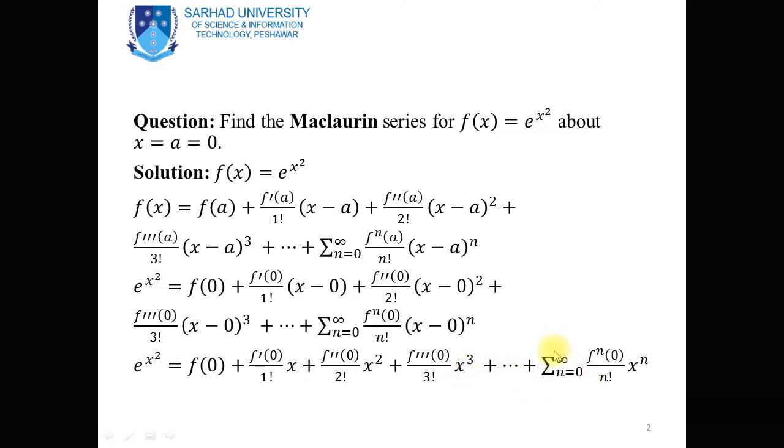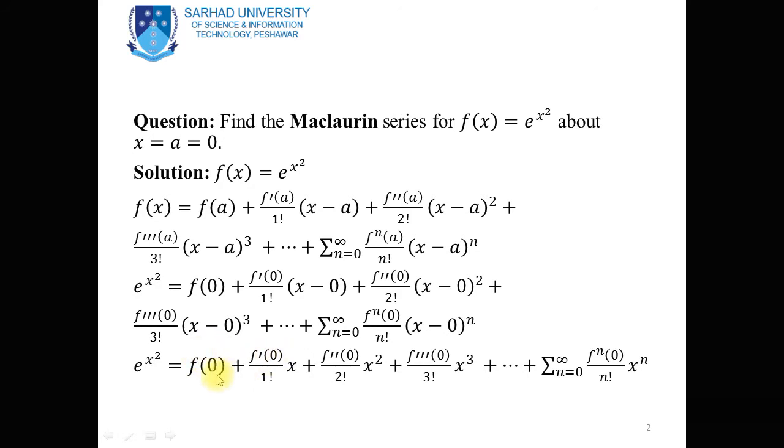Sigma n is equal to 0 up to infinity, the nth order derivative of the function at x is equal to 0 divided by n factorial into x power n. So putting x is equal to a and a is equal to 0 in this Taylor series, we obtain the Maclaurin series for any function f of x.